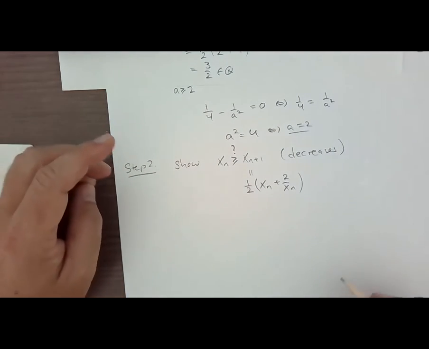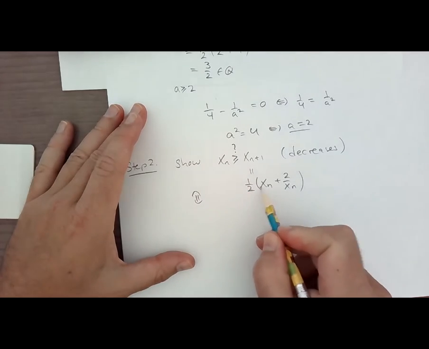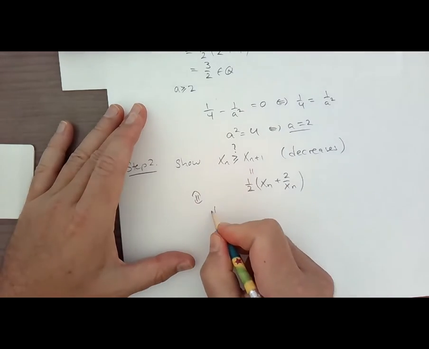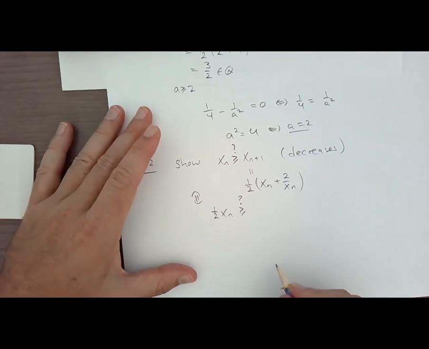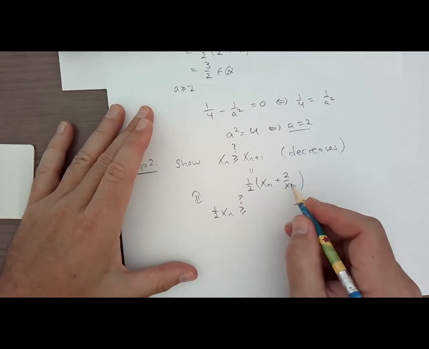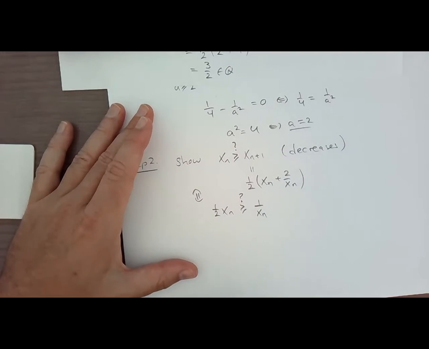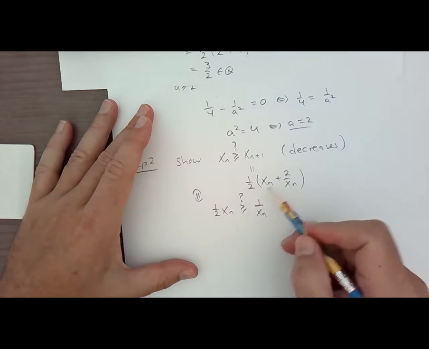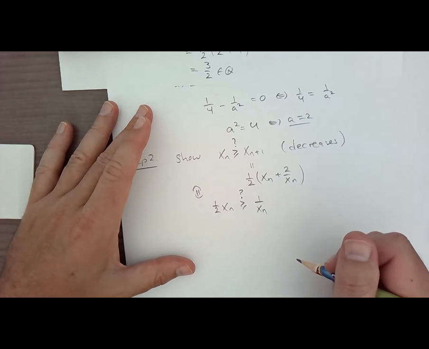How would one go about proving that? Well, if I subtract 1/2 on both sides, I'll get 1/2 on the left-hand side. So I'm asking, is this bigger than, well, what will it be? If the 2's cancel out, I get 1 over xn. So is that true?